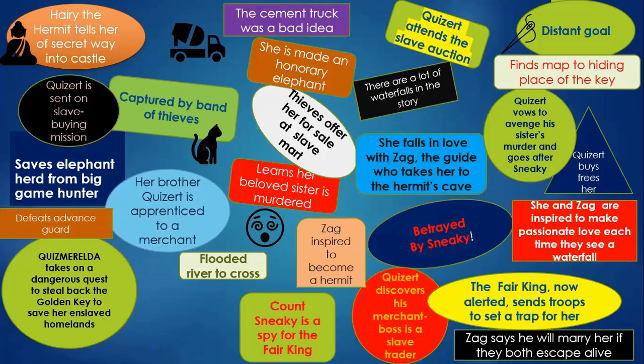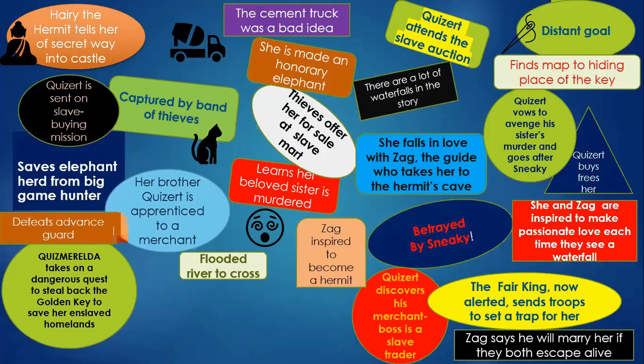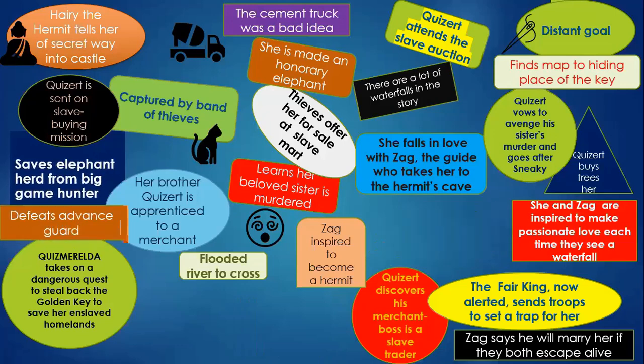The next plot point in that subplot is that Count Sneaky is revealed to be a spy for the fair king. Now, it's very likely that only the reader gets to know this. Our poor unsuspecting Quizmerelda has no idea. And so she is betrayed by Count Sneaky.